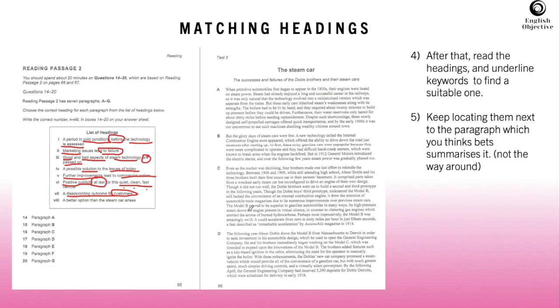And a better option than the steam car arises. So I do have a better option, I think, compared to the steam car. I think it was something about the electric start or something. So that's something that rings a bell. So the ones that ring a bell are the ones that you should prioritize.